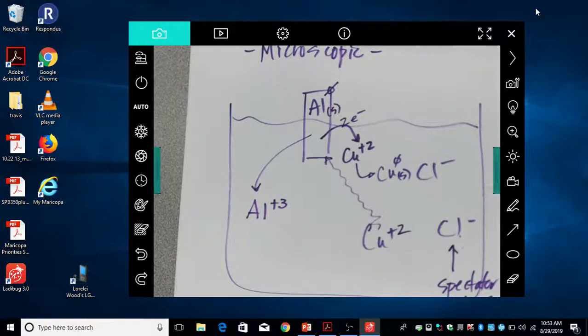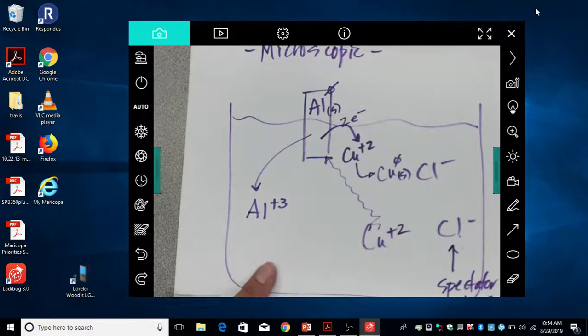It makes +3 ions. So every time an atom of aluminum loses 3 electrons to the copper, it breaks off of that hunk of aluminum and goes into solution. So we're taking one metal that's a solid, putting it into solution. We're taking another metal that's in solution and making it a solid.